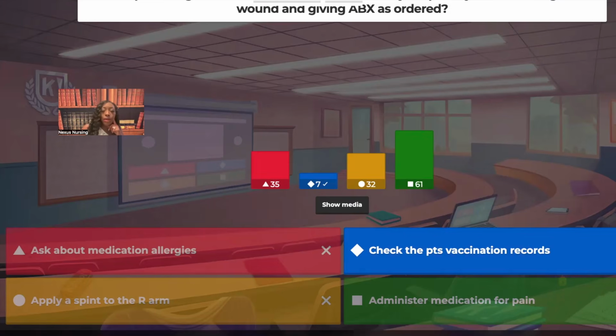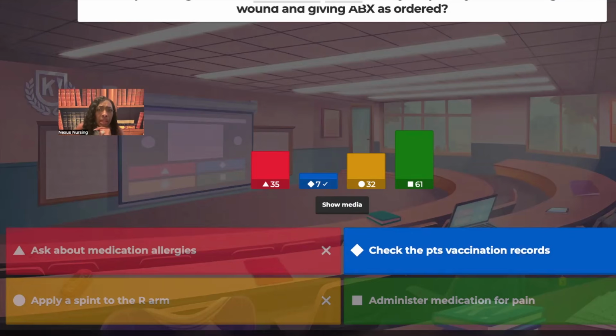And 61 of you guys said administer medication for pain. Let's go back to the question. Your patient has a gunshot wound. I've never gotten a gunshot wound, but I would think gunshot wounds are very painful, right? And the question is, what's your priority after dressing the wound and giving antibiotic?